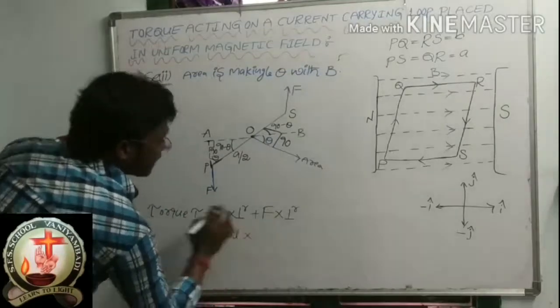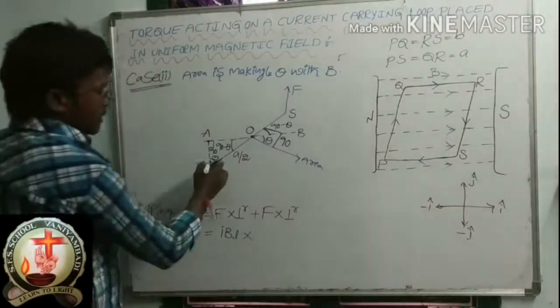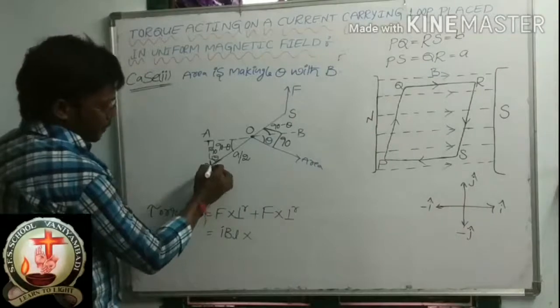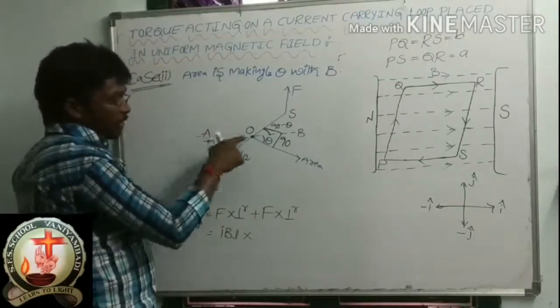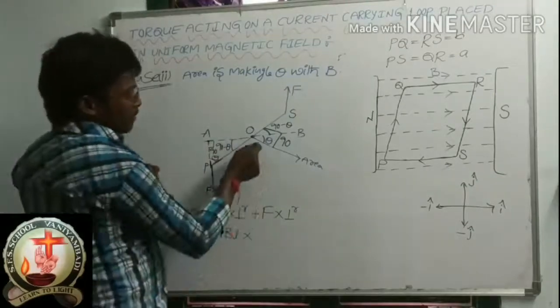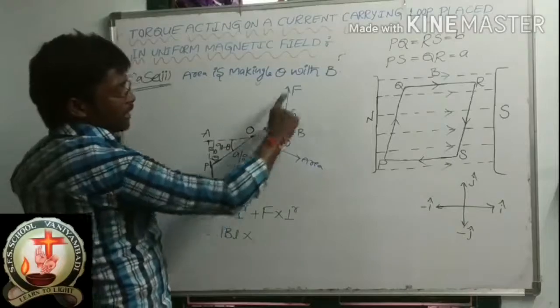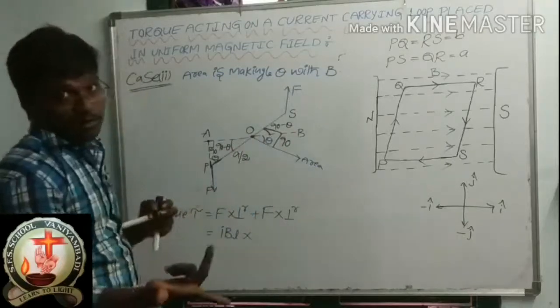Into perpendicular distance, we don't know. Force is moving in this direction, and the perpendicular direction is this one, here to here. What is this perpendicular distance? We don't know. Here also, this is the force, and the perpendicular distance, we don't know.